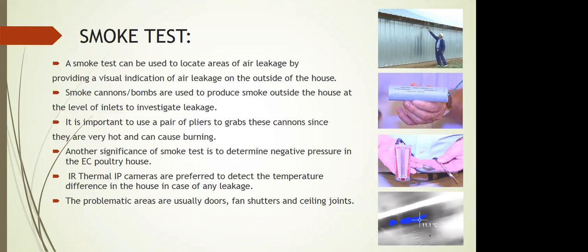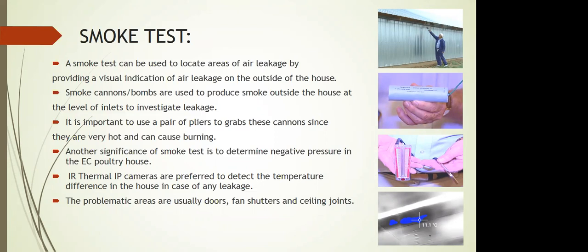When the smoke is introduced into the house, it should go right up to the top center roof of the house, and then curl around the house and distribute uniformly. If the smoke does not do that and just falls right after the introduction, it means that the negative pressure is way too low and we have to manage it.